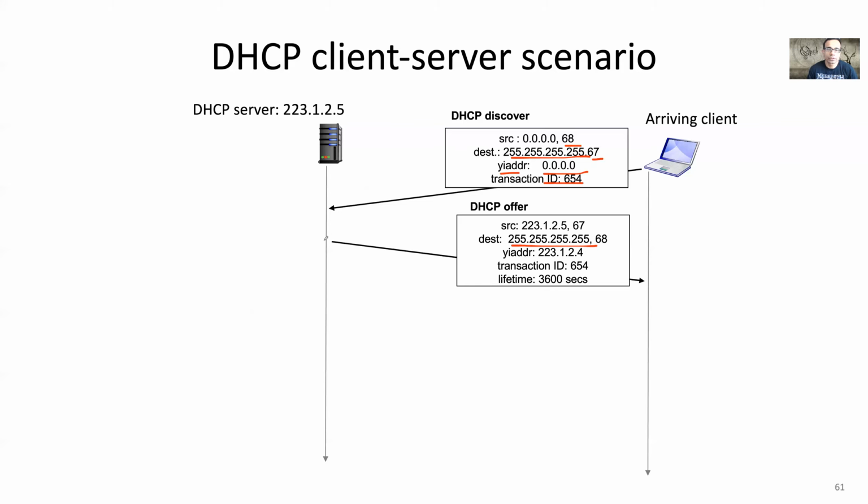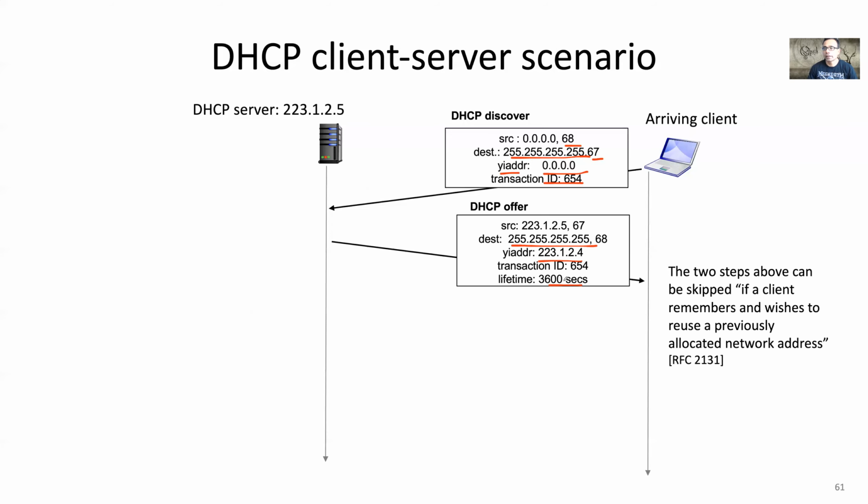So there is no way for the server to unicast, to directly send something to this client, because the client doesn't yet have an IP address. So it has to shout. Again, it's a complete broadcast, as you see there. This is the address it's offering to this client. And then there's a lifetime, basically saying that you can use this address for that duration.